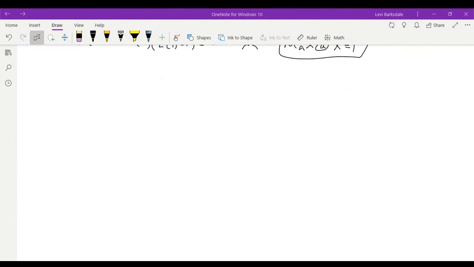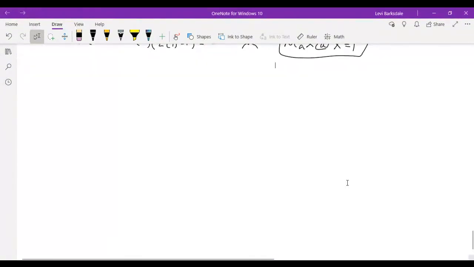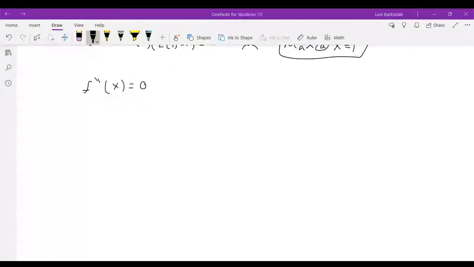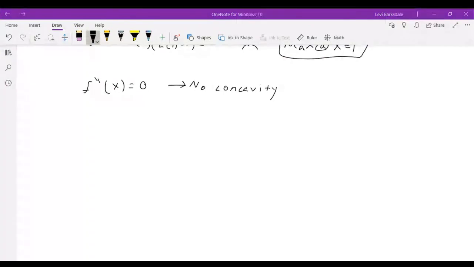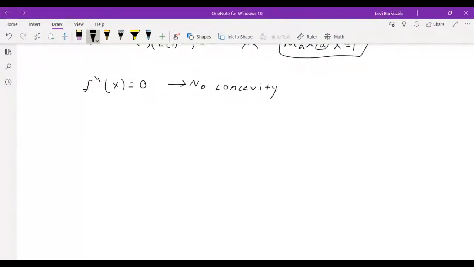The roots of the second derivative, so where f double prime is equal to 0. Essentially, this is where we have, again, no concavity, and that's where the concavity changes.